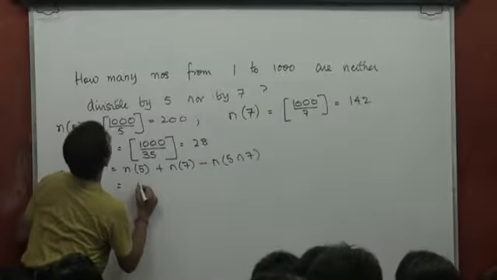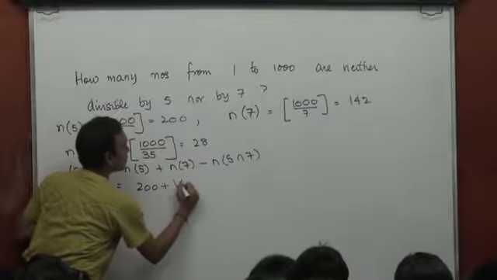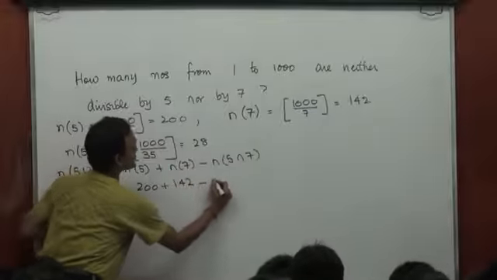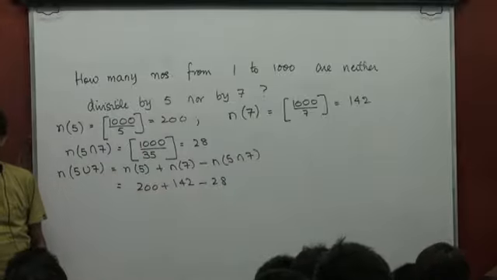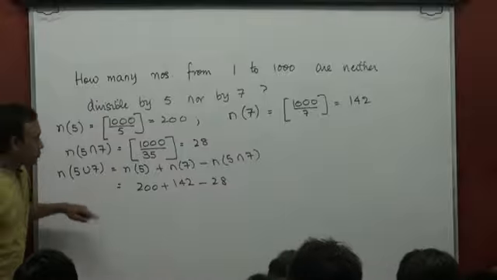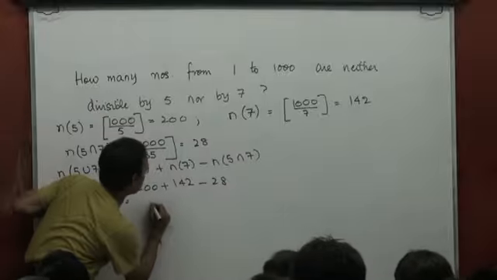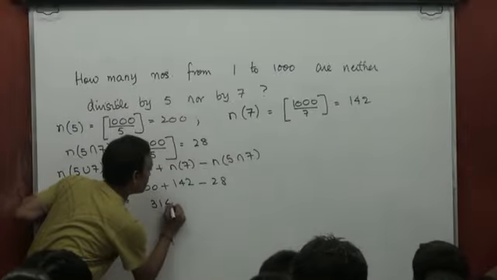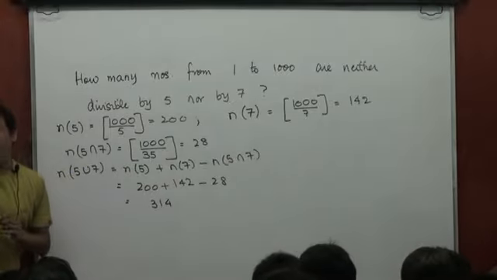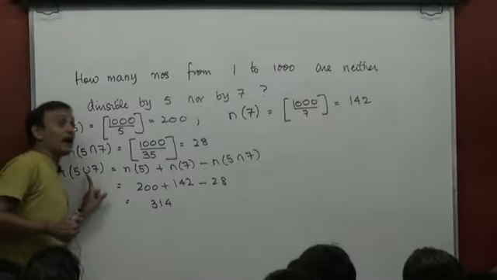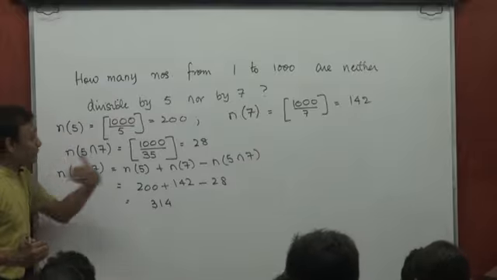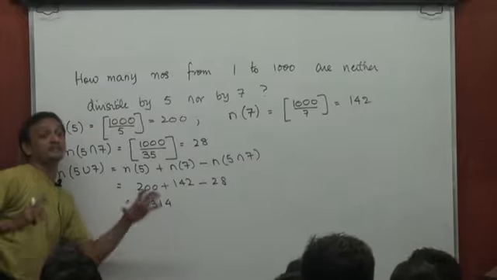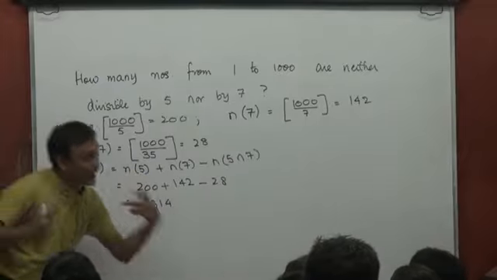Which is going to be 200 plus 142 minus 28. Yes or no? So that makes it 314. There are 314 numbers from 1 to 1000 that are divisible by either 5 or by 7.